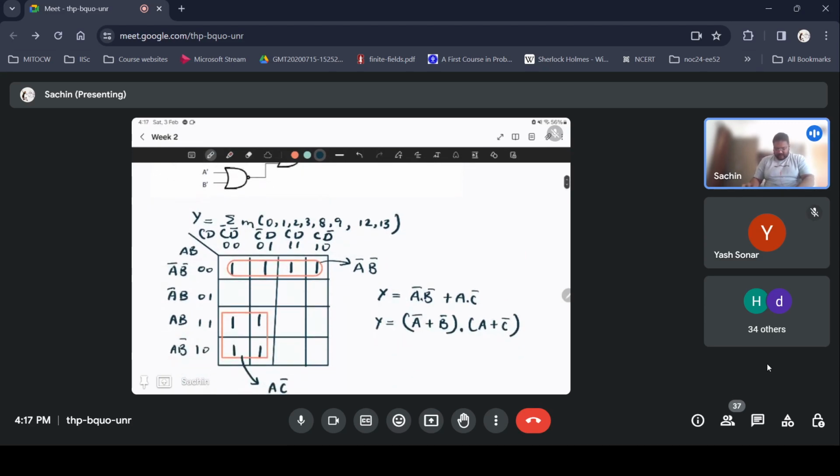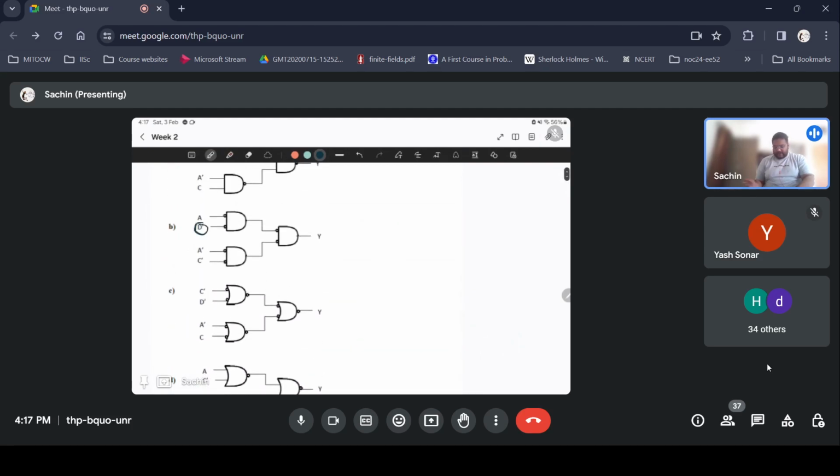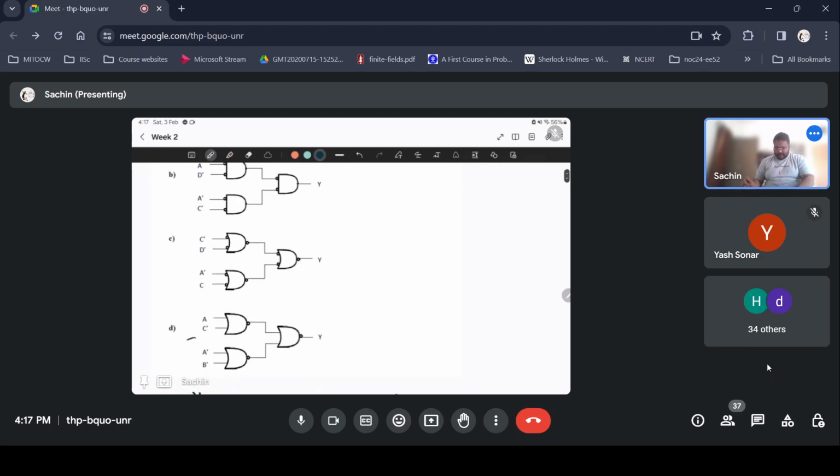But one thing we are certain of is that the dual of the output expression contains only A, B, and C. It does not contain D. So from the options you can see that there's a D bar in option B and there's a D bar in option C. So both these options can't be what we are looking for. So it has to be either option A or option D.